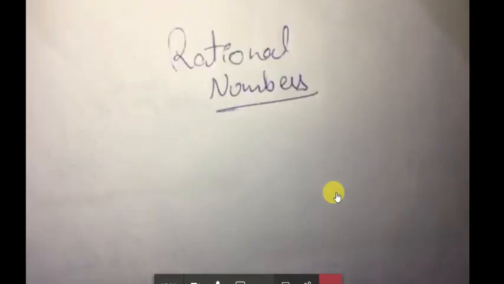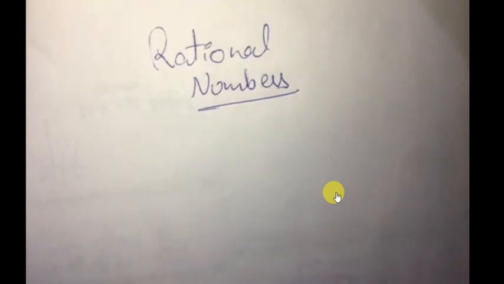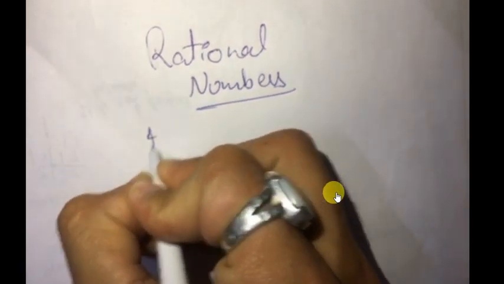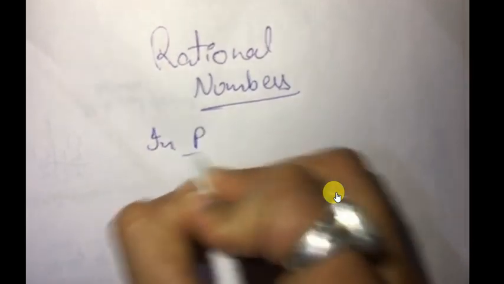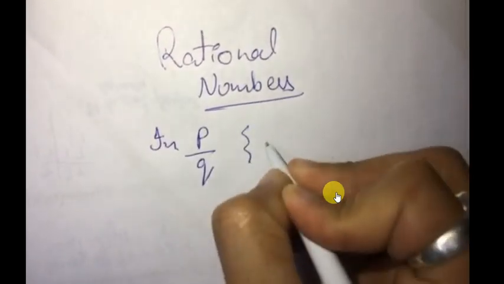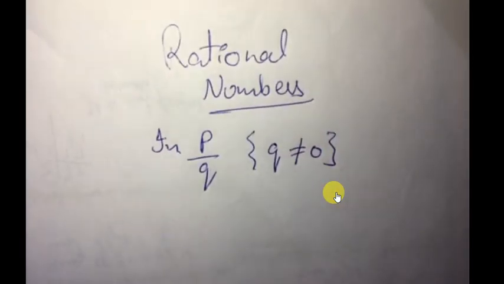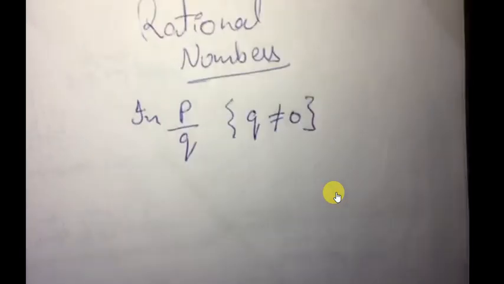Now let's go to your NCERT, and it has the first property of rational numbers. As you get to know, rational numbers are in p by q form, where q is never equal to 0. And you can change any type of number, any integer, whole and natural number, into a rational number.